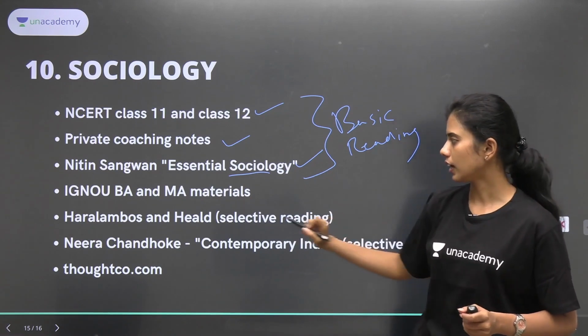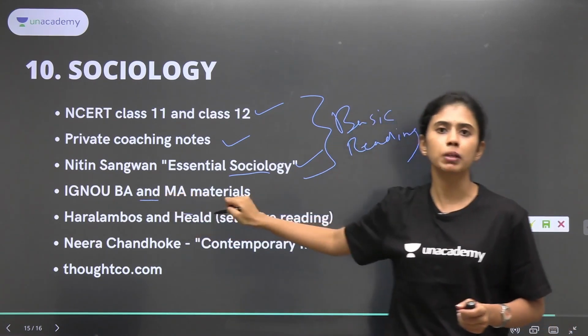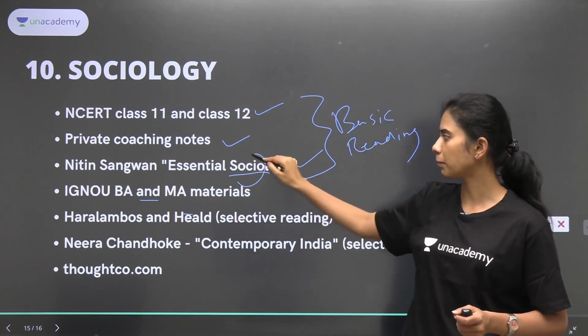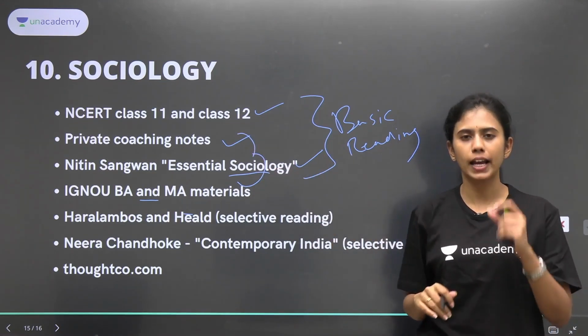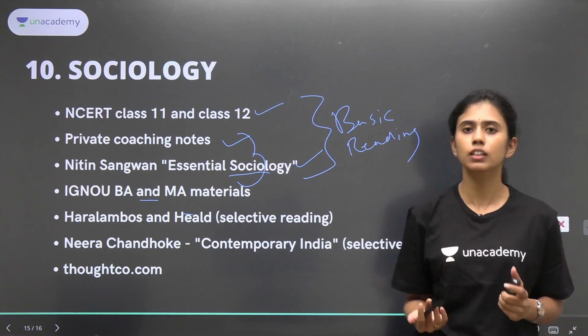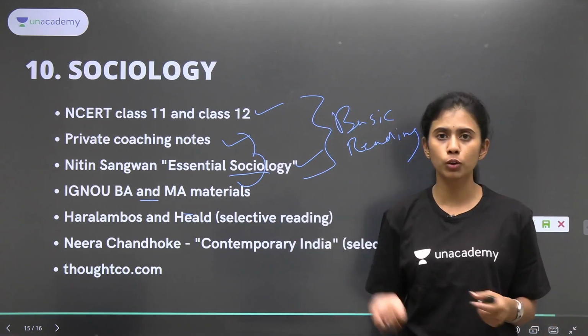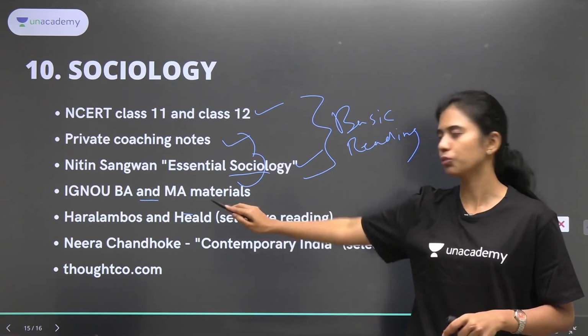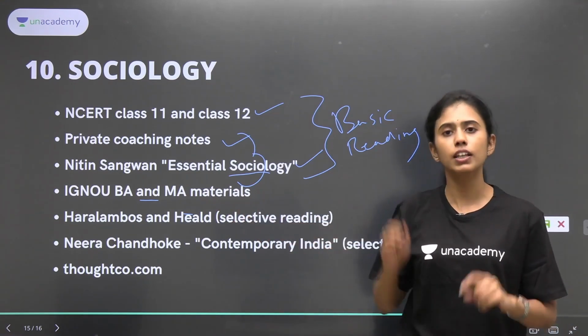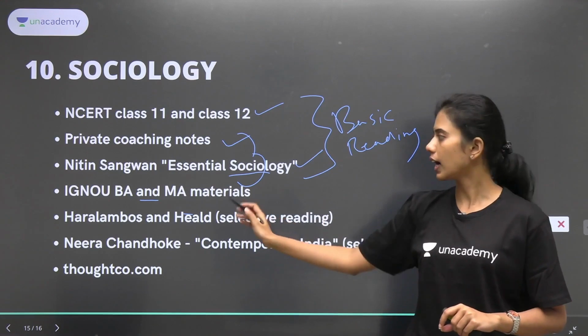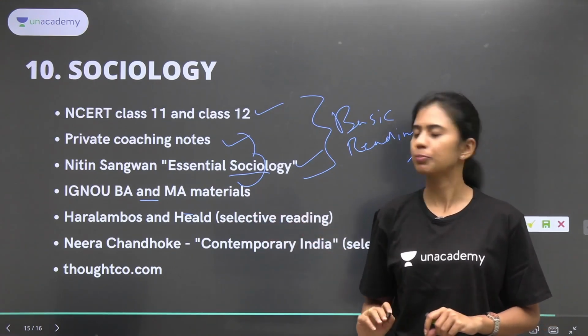And then there are the IGNOU BA and MA materials, which would again be used to supplement these resources. If some topic is lacking content, or needs more thinkers or more perspectives, I would go for IGNOU BA and MA materials. I never comprehensively covered everything from IGNOU, but I did a very selective reading.